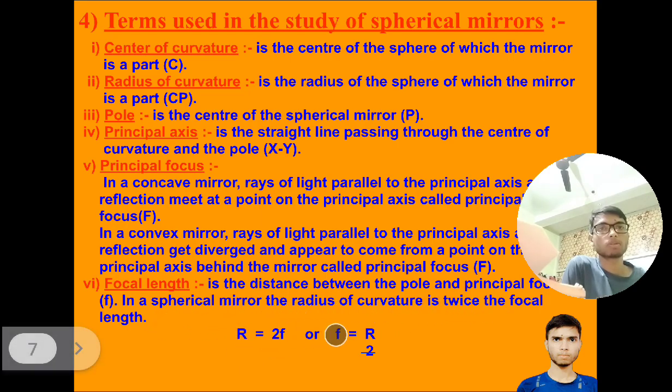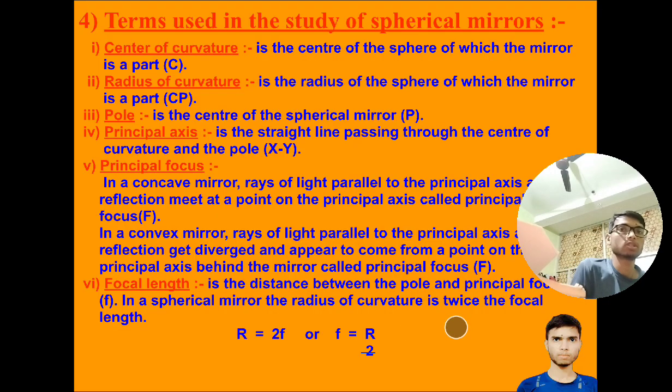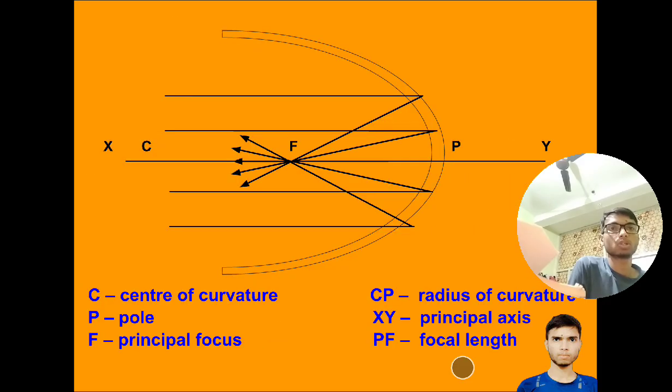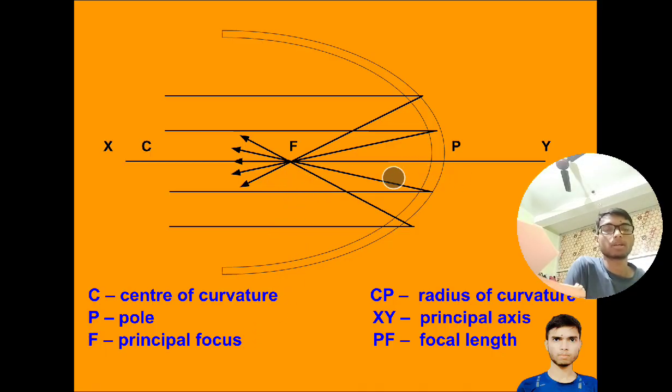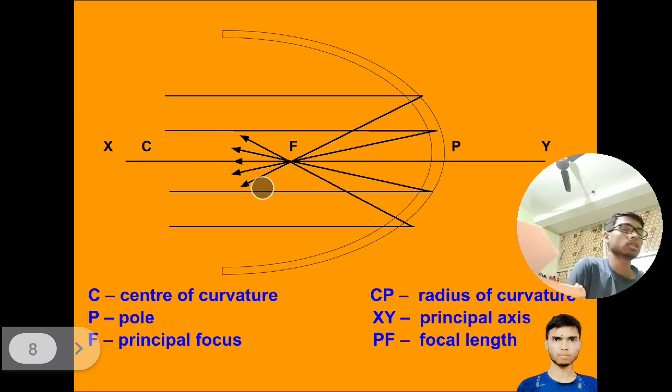In a spherical mirror, the radius of curvature is twice the focal length. This principal focus is just half, and twice of this would form R, over here. R is formed by taking two.